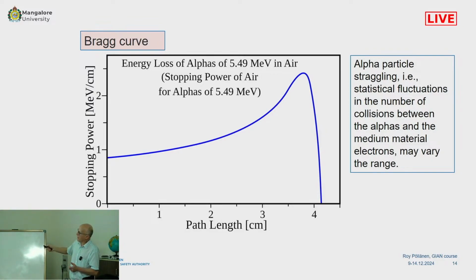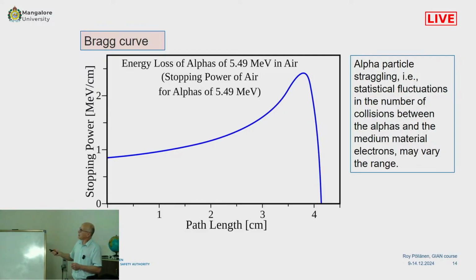And at the very end of the path length, in this case, the original energy of alphas is 5.5 MeV, which is close to the americium-241 alphas. So at the end of the path, the ionization is emphasized.